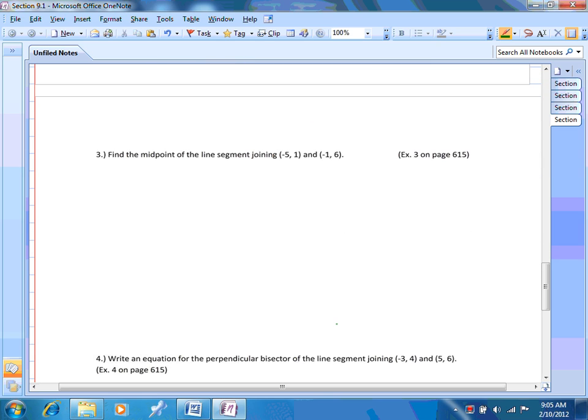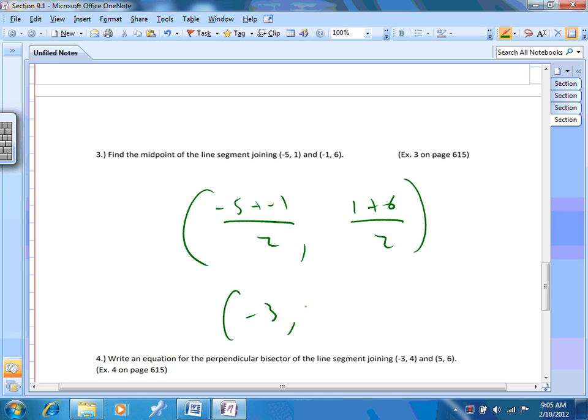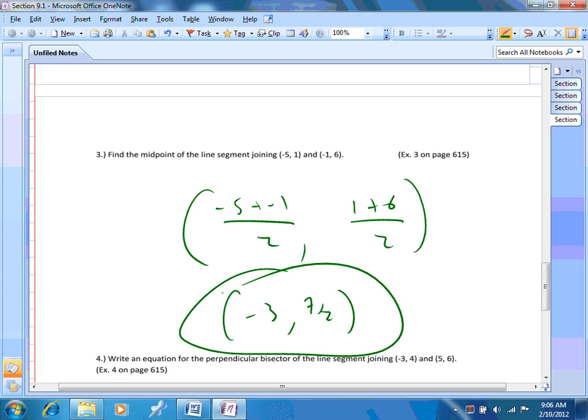Example 3, find the midpoint. So -5 plus -1 over 2, 1 plus 6 over 2. What I probably should have done is give you a problem where I give you the midpoint and one of the endpoints and you have to find the other endpoint.